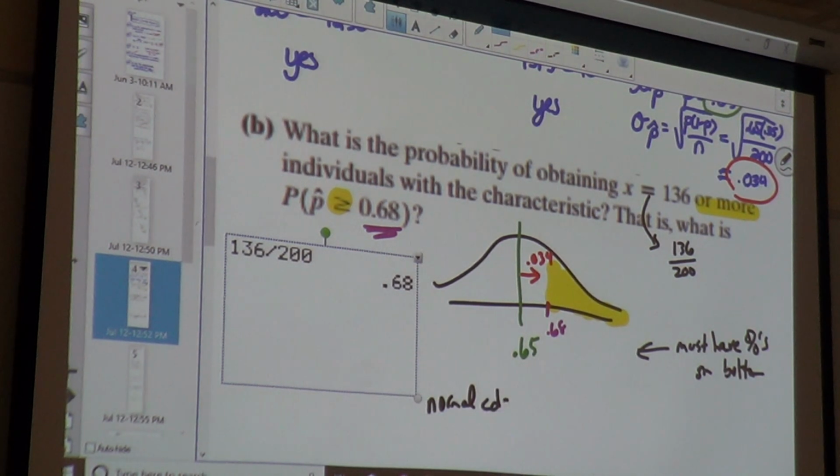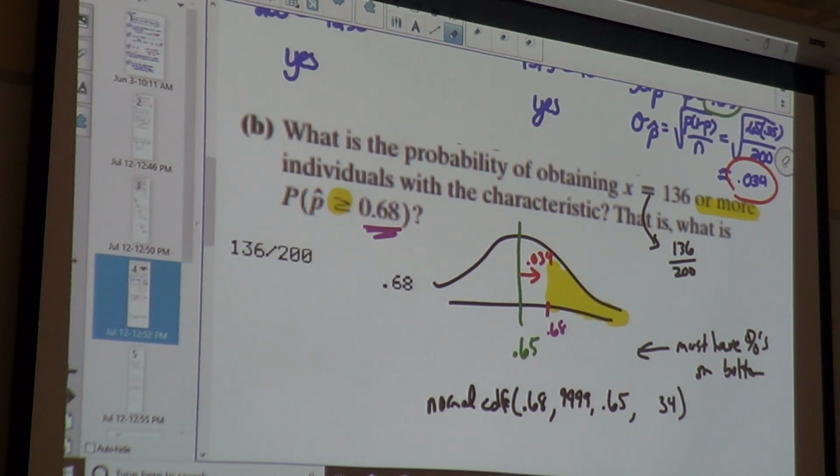Normal CDF, where did we shade begin? 0.68. Where did we shade end? 9999. What is my mean? 0.65. And what is my standard deviation? 0.034 or whatever. And I usually take it out more.